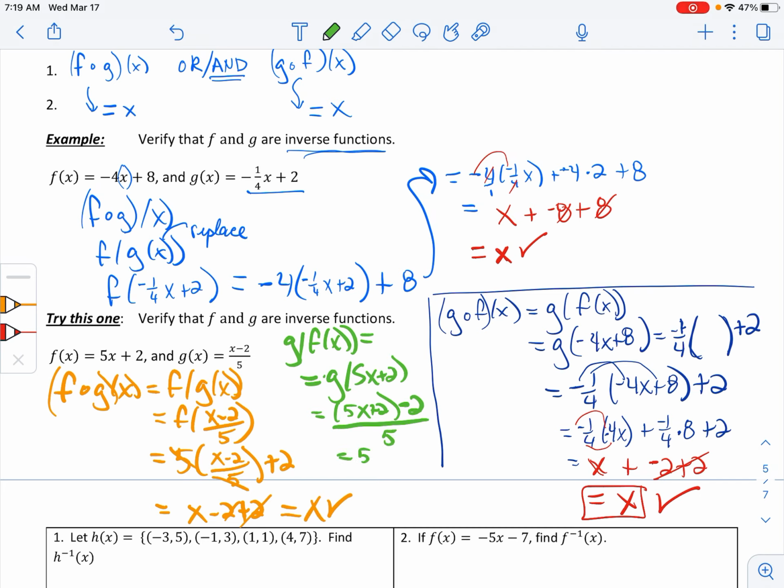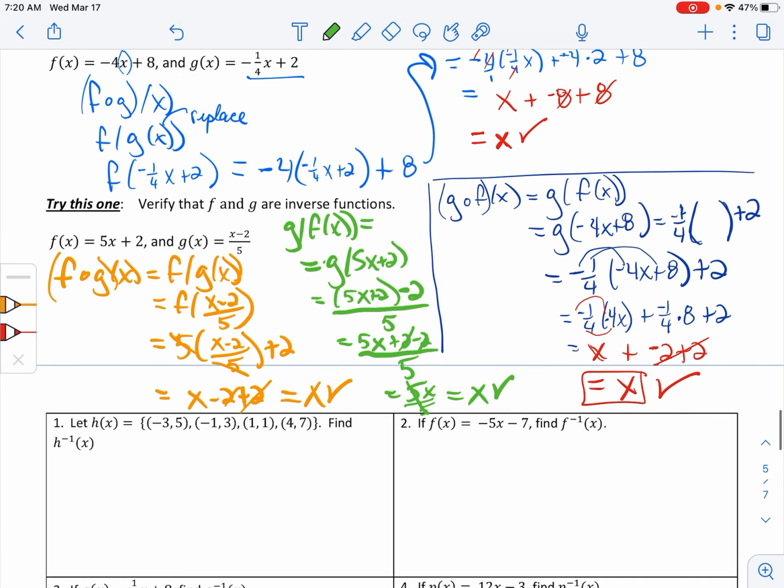There's nothing acting on that parentheses. So I have 5x plus 2 minus 2, all over 5. Those two cancel out because they're both on top. So now I have 5x over 5. Now those reduce. So now I get x. So you can see that I can do it both directions.